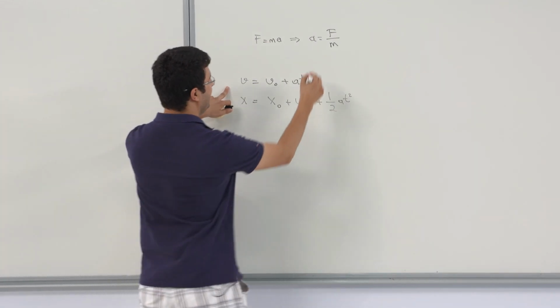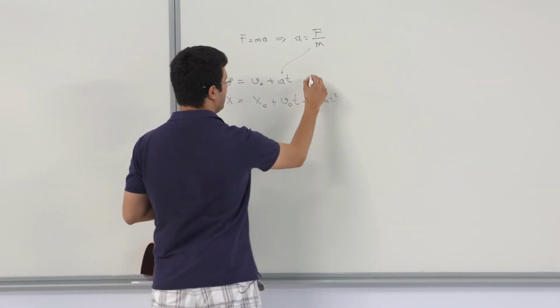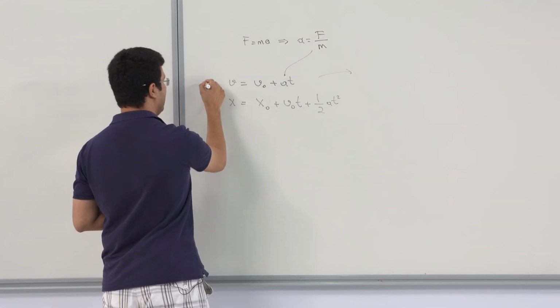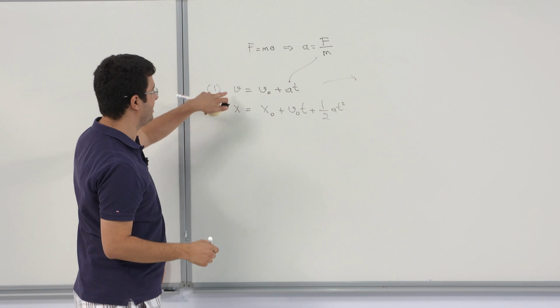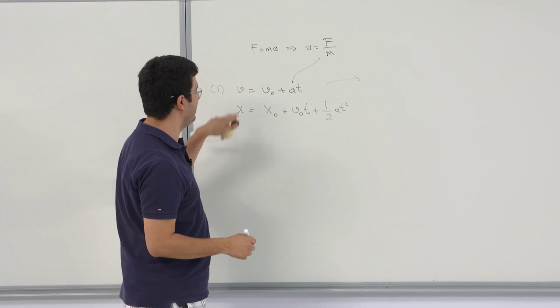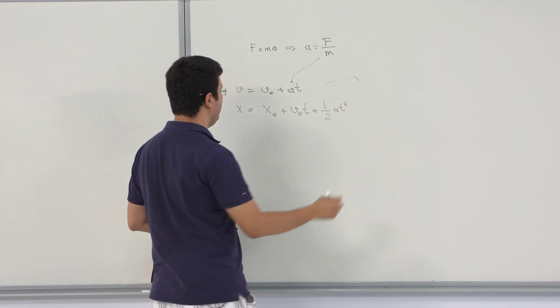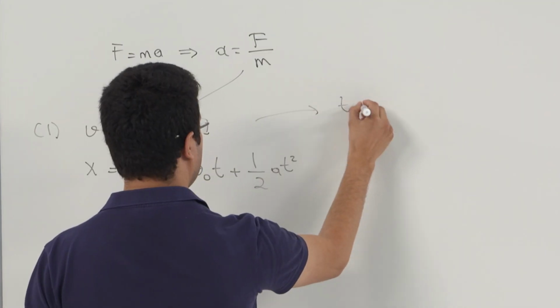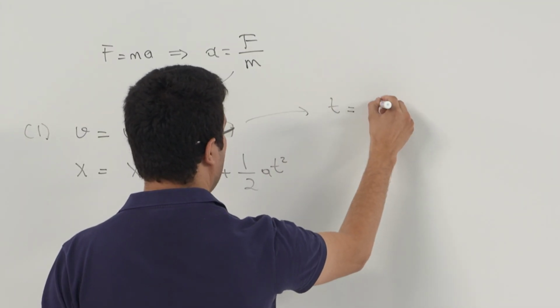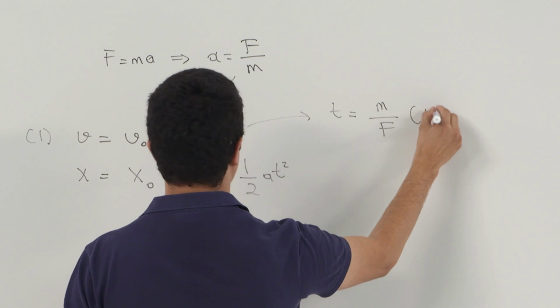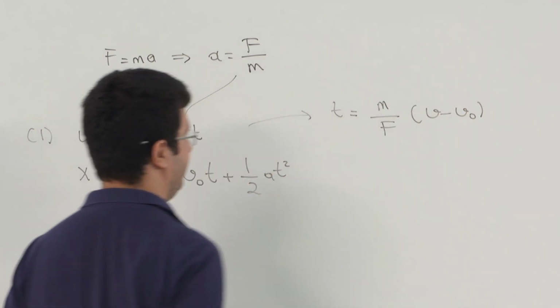Well, a is F divided by m, so let's say this is equation number 1. I can use equation number 1 to solve for t in terms of v0, F and m. So t is simply 1 over a, which is m divided by F, times v minus v0.